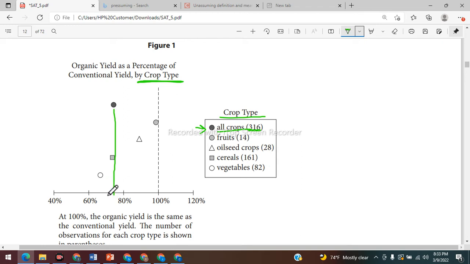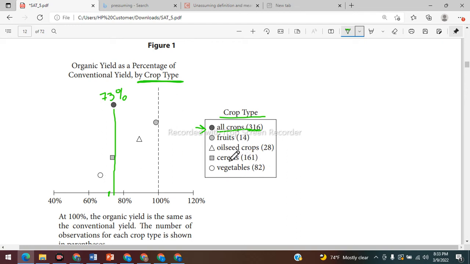If this is 70 in the middle, we call this 70. It's supposed to be like 72, 73, thereabout. Alright, so let's say it's 73%. And for this one it's going to be like 65, 66 thereabout. This is the oilseed crops.